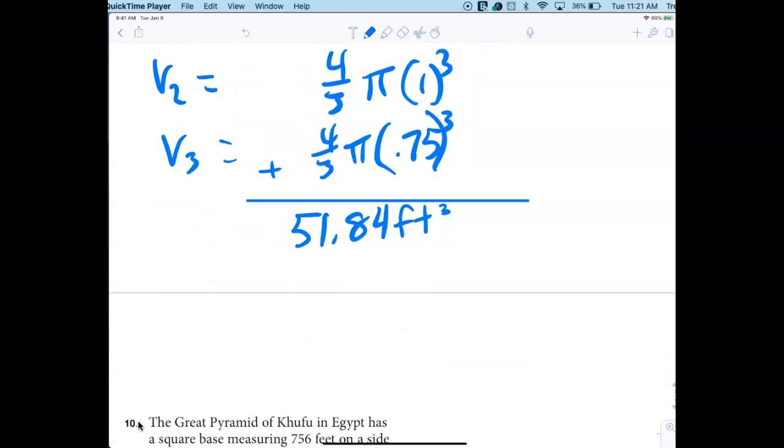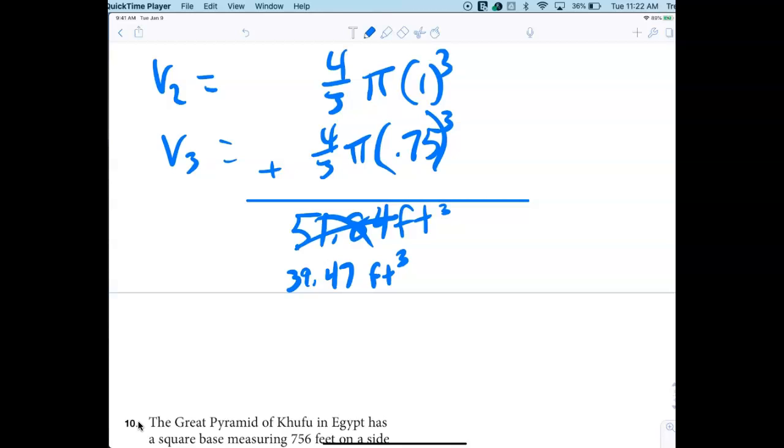Not exactly, approximately. What did you get? 39.85. I probably did it wrong. About 47 cubic feet. Yeah, just double check. All right, it's not a big deal.